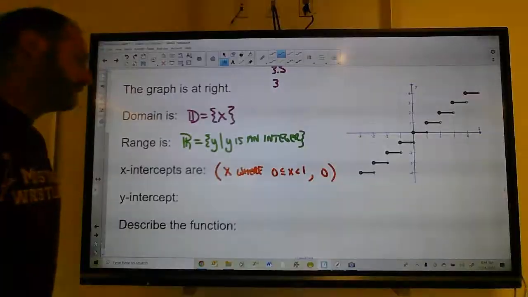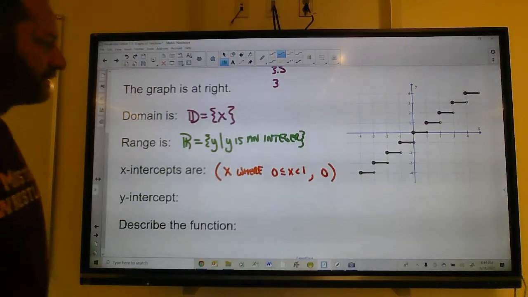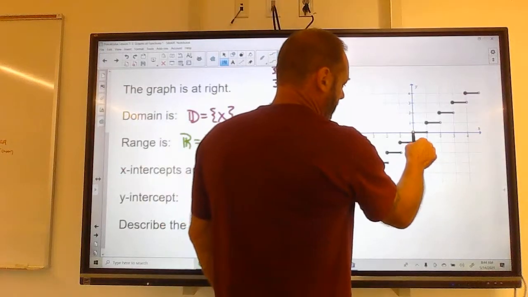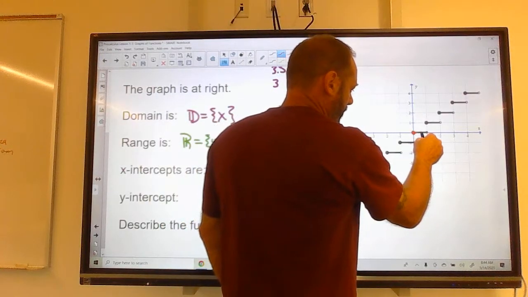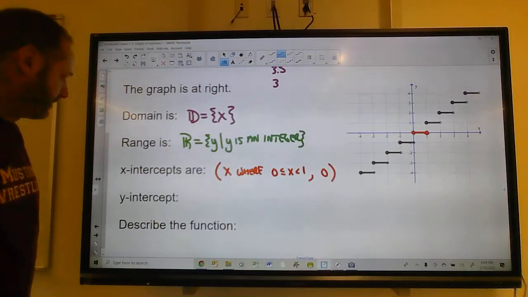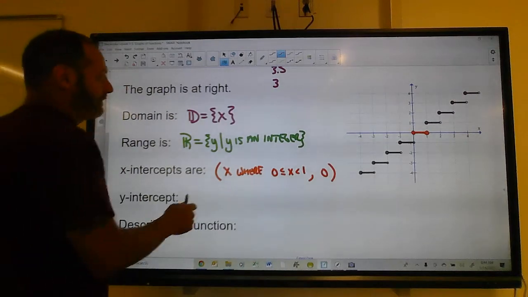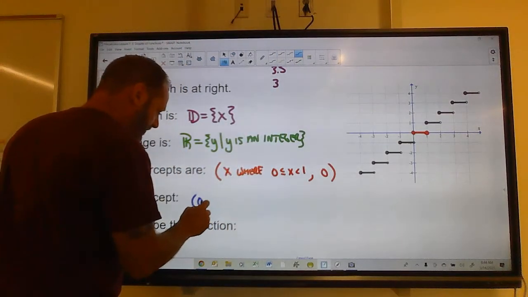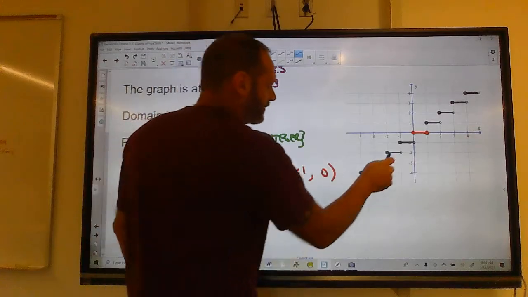There's my x-intercepts. So anything where x is 0 or less than 1 works. The y-intercept is just the point 0, 0. It's just right here.